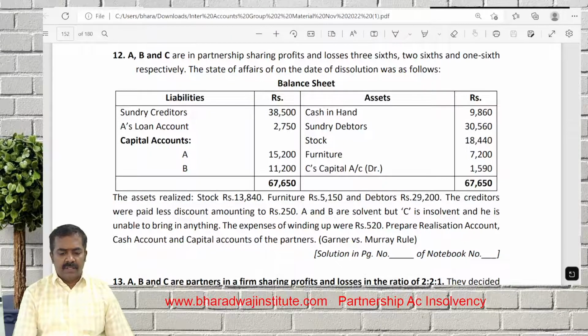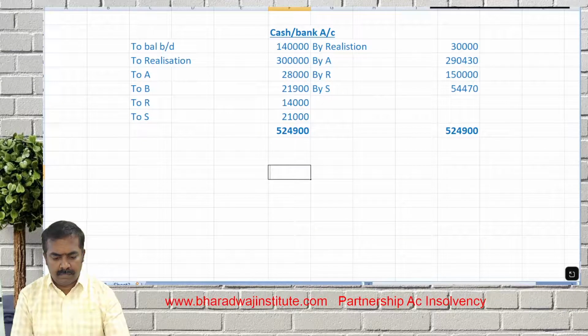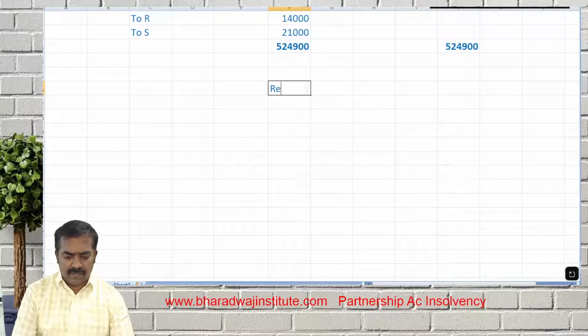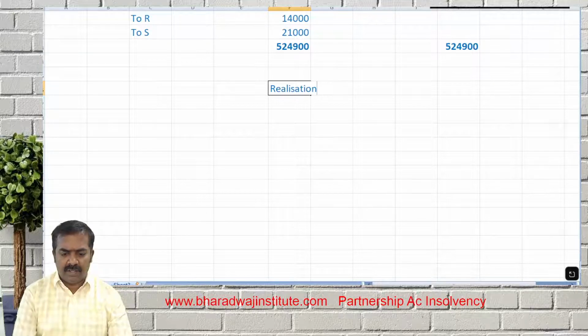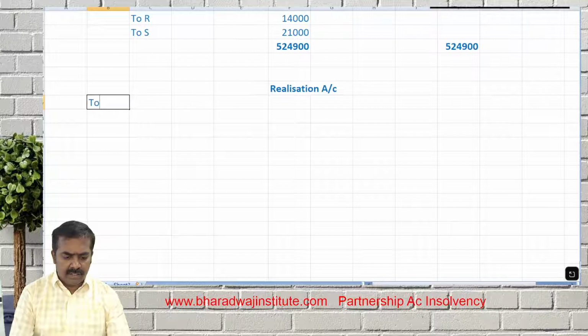Look at 12th question. It's a simple one. We can finish it in 5 minutes. So let me work along with you to save time. The realization account. What are the assets you will transfer to?